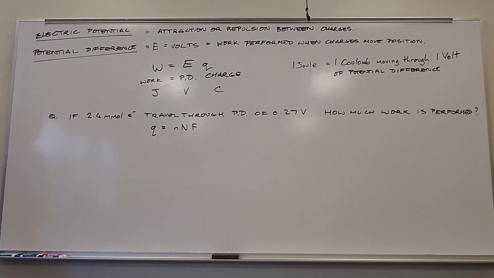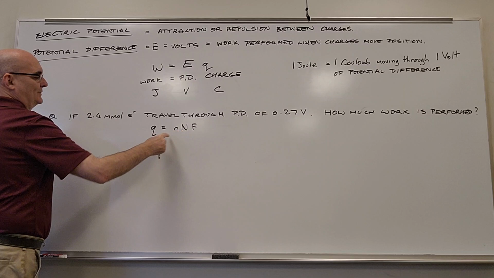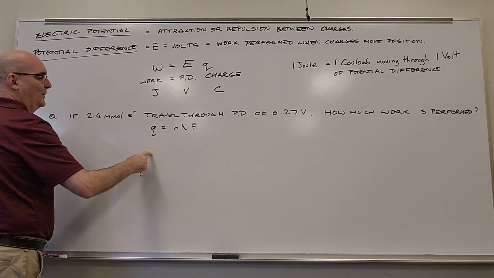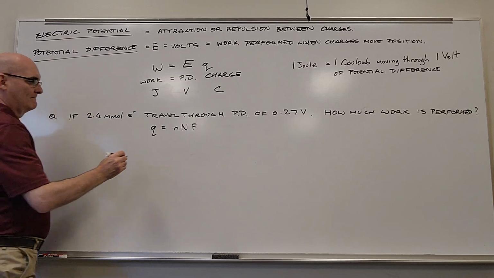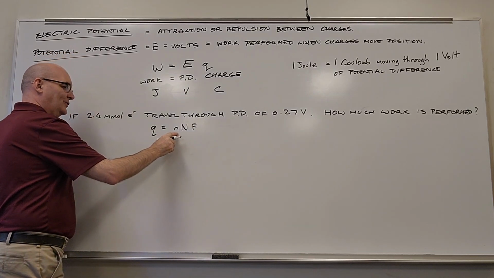I think the simplest thing to do is to pull this over here and say charge per mole. But it's not what our book wants. It wants the total amount. Okay, 2.4 millimoles. What's a millimole? 1,000. So which N is which?